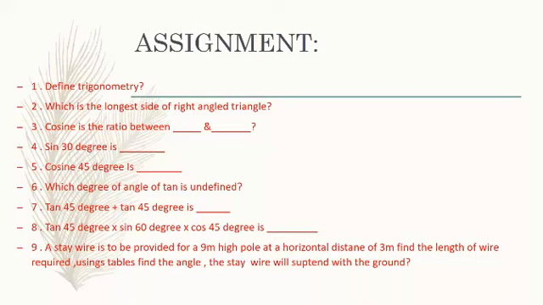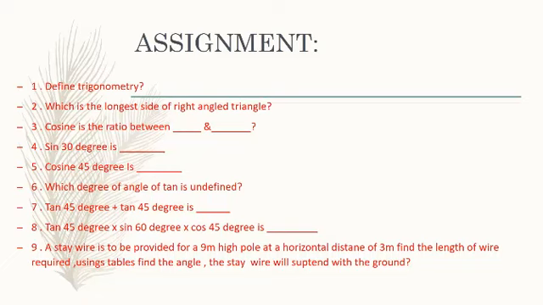And my last question is a stay wire is to be provided for a 9-meter high pole at a horizontal distance of 3 meters. Find the length of wire required. Using tables, find the angle the stay wire will subtend with the ground. That means you have to draw the right angle triangle. You should consider pole of 9 meter.